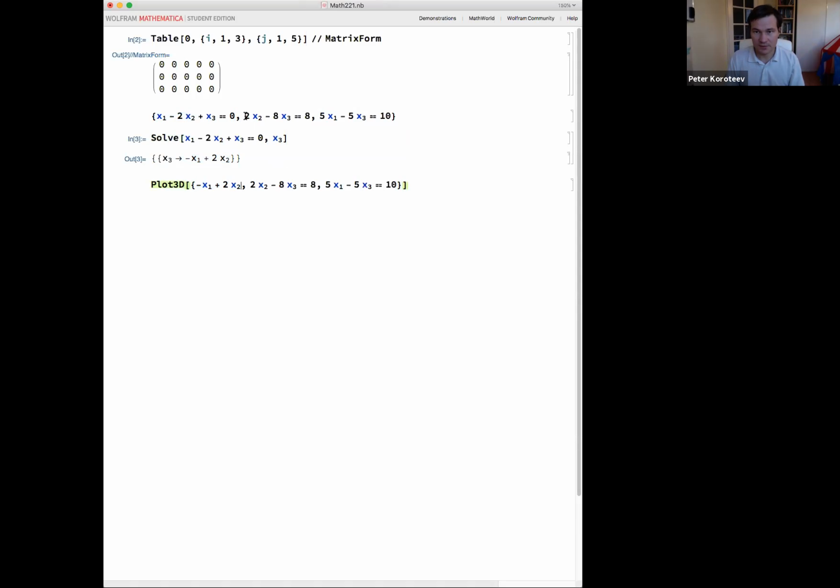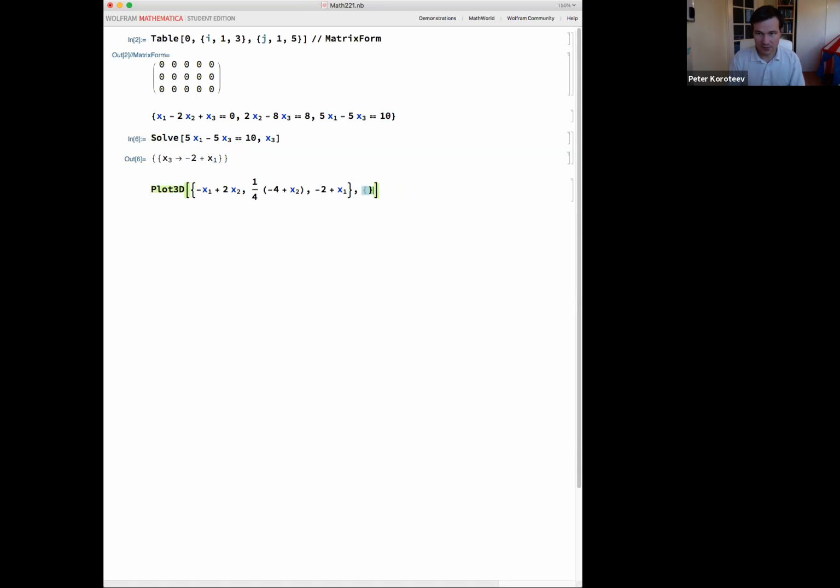Then we're going to solve this equation for x3. Excuse me, there's no 0 here. Then that's another plane that we're going to draw. And finally, we solve that equation for x3. That's another plane, the third one.